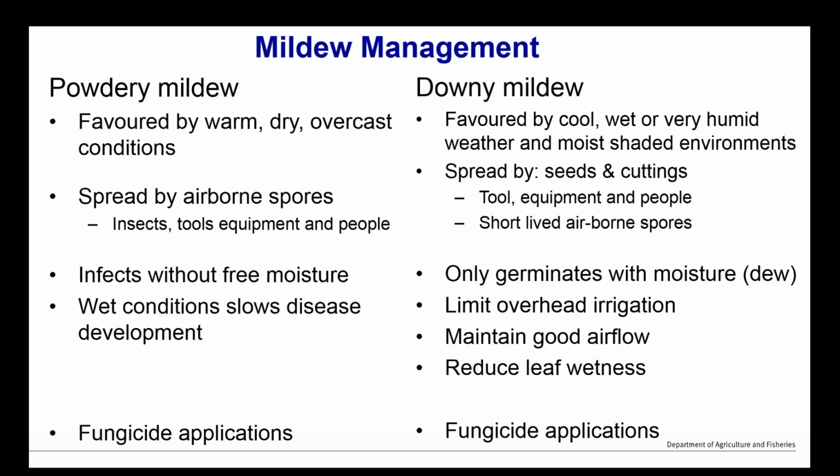So it will be important for you, if you suspect that you have a mildew, to work out which one it is. You can do that either by looking under the microscope or sending it to a diagnostician if you can't work it out from photos, to a certain extent, and other modes of investigation in the nursery.